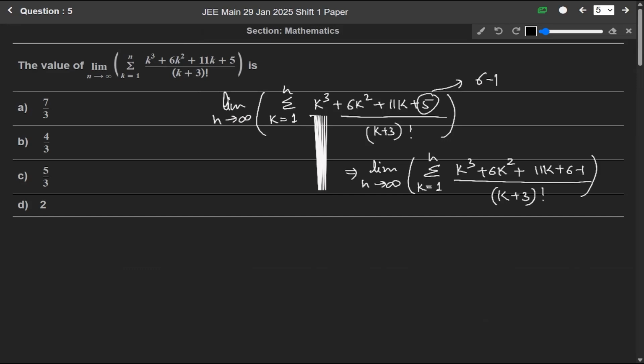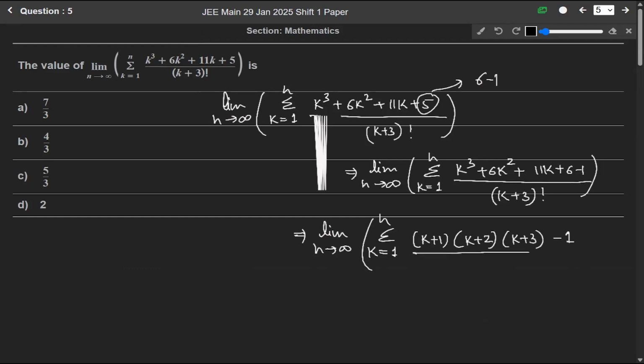So k cube plus 6k square plus 11k plus 6 we can write as k plus 1 into k plus 2 into k plus 3. And this minus 1 over this k plus 3 factorial.